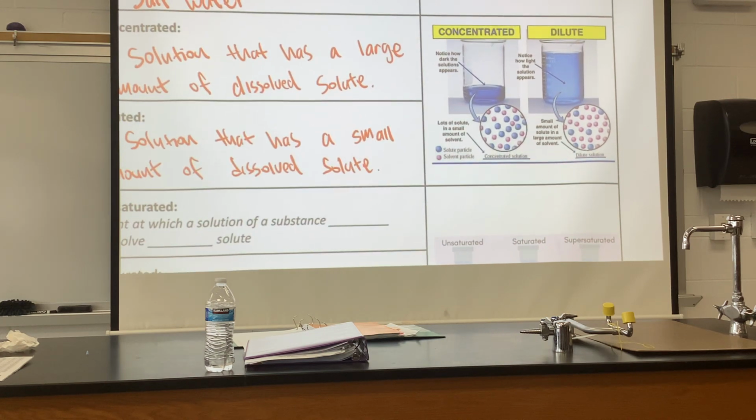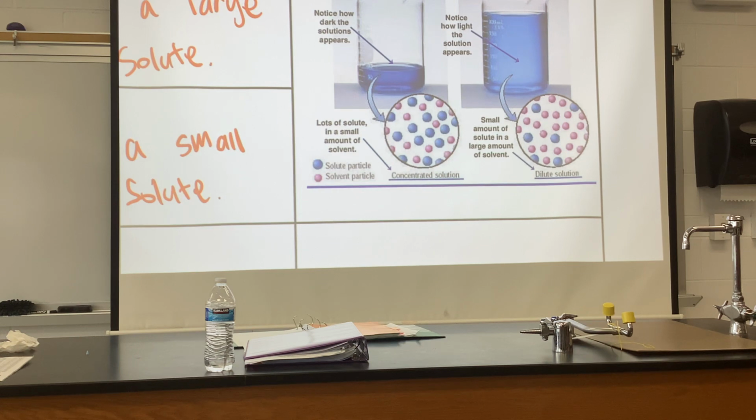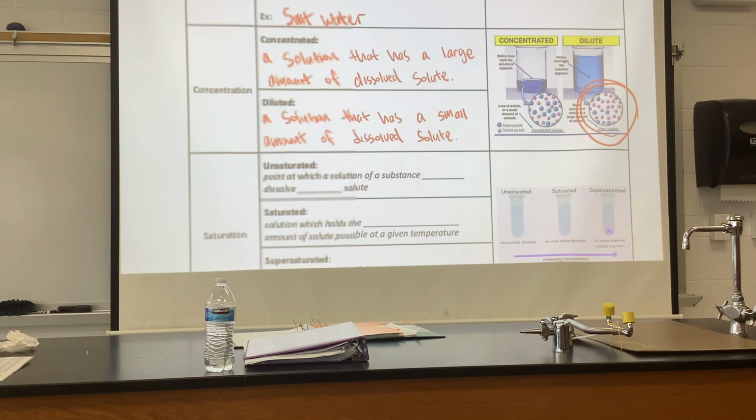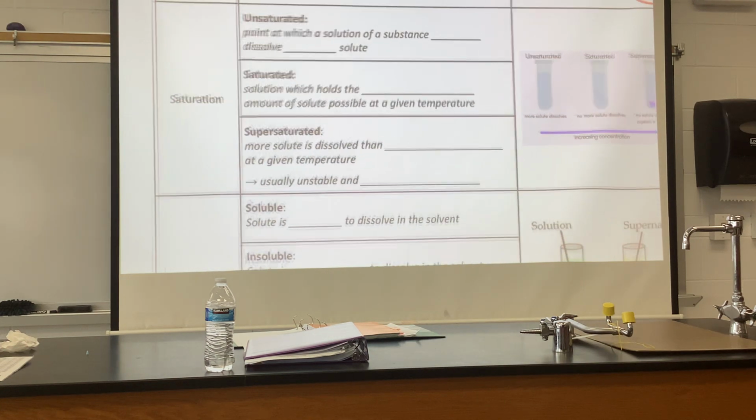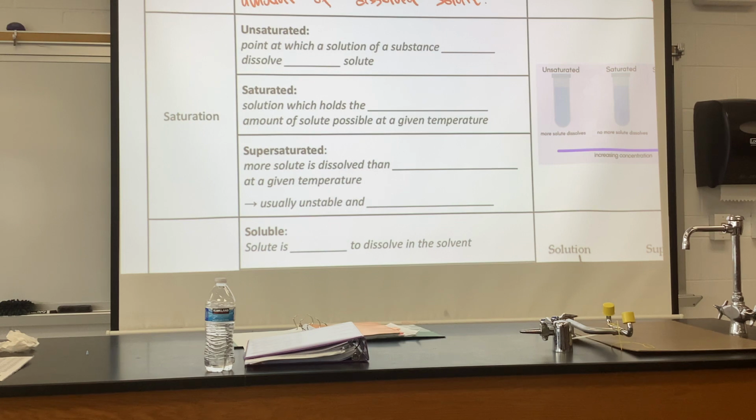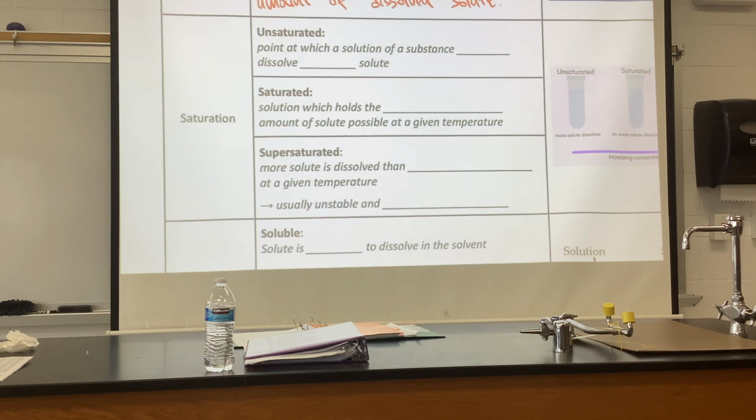However, if something is very diluted, which means there's going to be a higher concentration of water versus very low concentration of salt. Okay, take a look. There's a lot more purple, which is water in this case, than the blue here. So that's diluted. Okay? All right, so let's go back down here, saturation. Now this is the elevator analogy that I explained to us, right? So I'm gonna write down the elevator analogy.